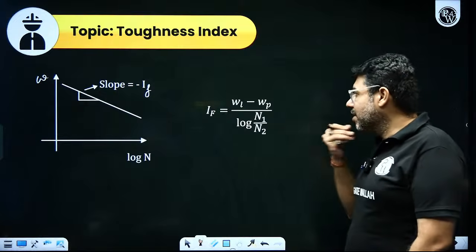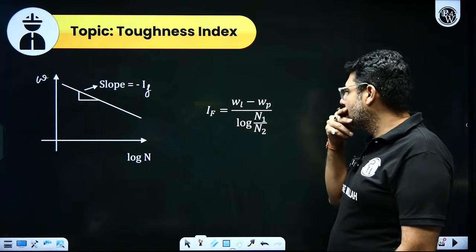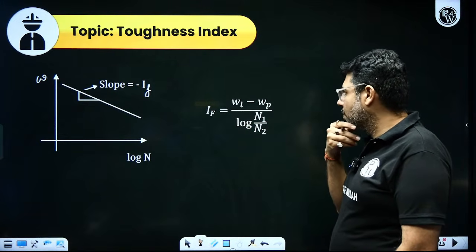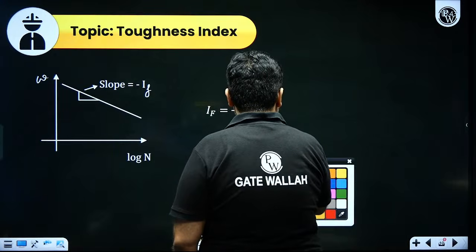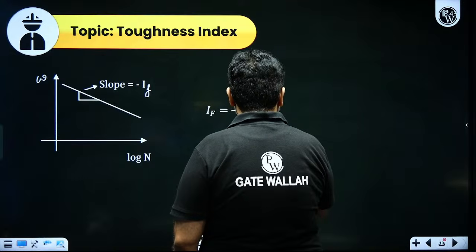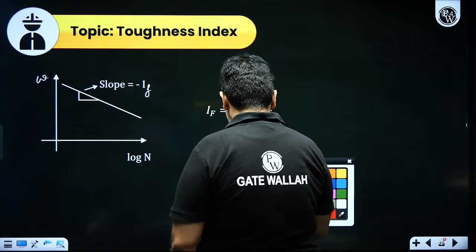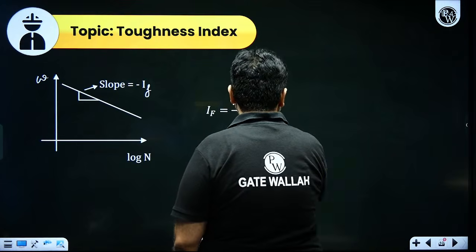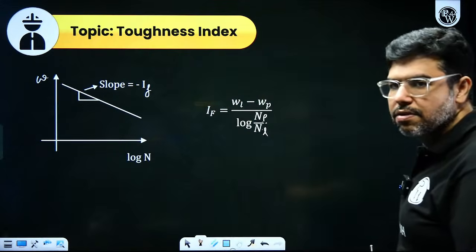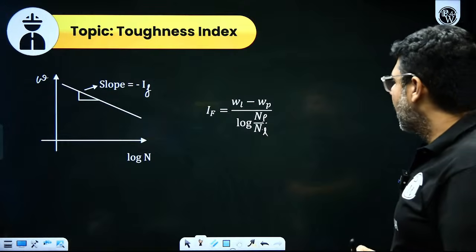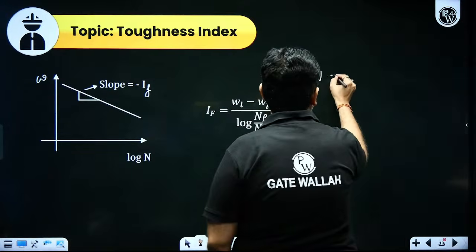So, IF is nothing but WL minus WP upon log N1 upon N2, or NL upon NP, I can say, that is NP upon NL, the number of blows at plastic limit upon the number of blows at liquid limit.